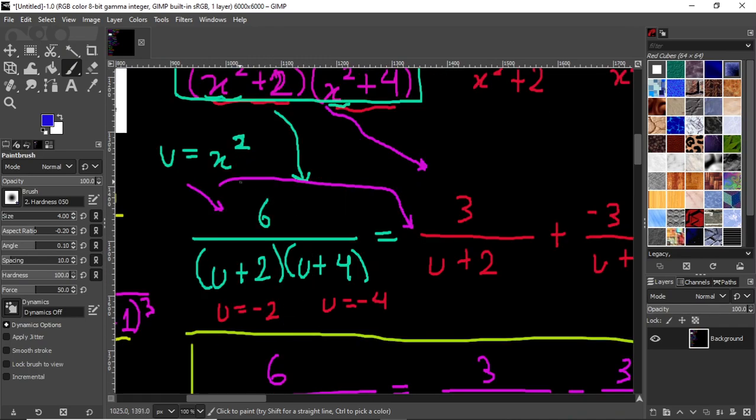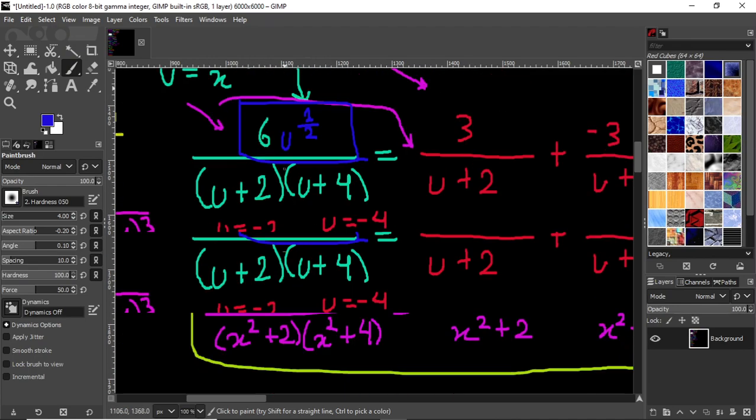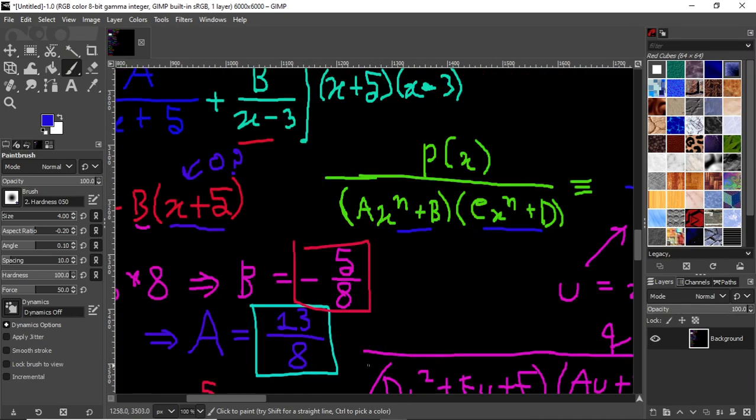What the substitution does is give you u to the power of half, and this is not a polynomial. For partial fractions, you need polynomials. Every term has to be a polynomial. So you cannot proceed any further, and it has become something weird. So that's why you need that requirement.